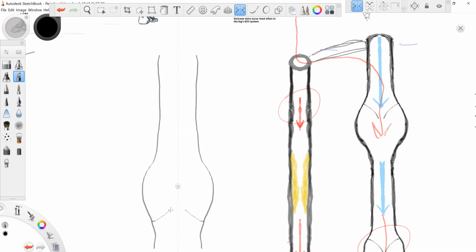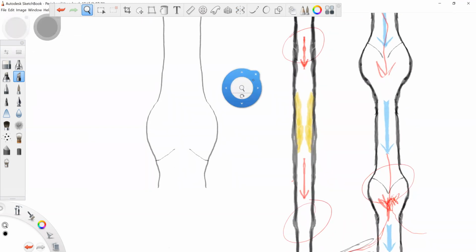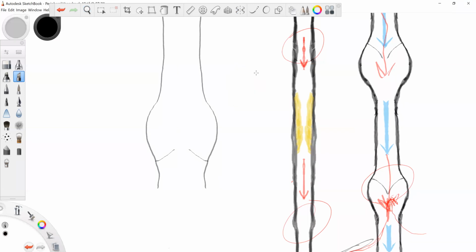If I have a valve here that is simply not working, and let's say I have many valves that are not working, what ends up happening is our blue venous blood goes up, never has a problem going through the valve in that direction because that's the natural way it opens, but then the valve tries to close and it doesn't, or maybe even goes backwards, and so now the blood goes right back down.